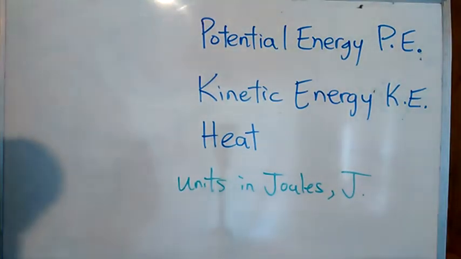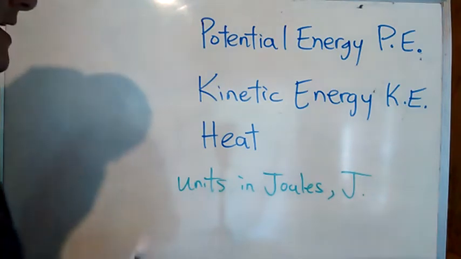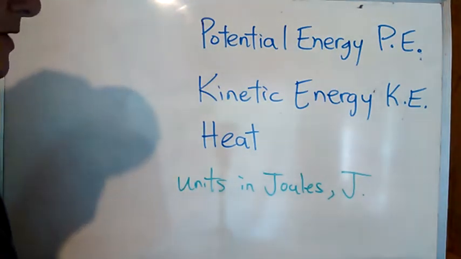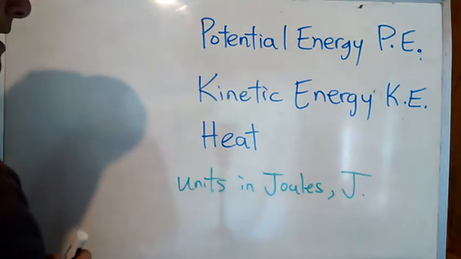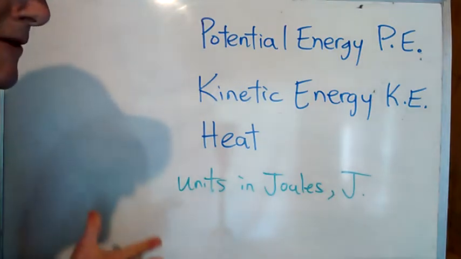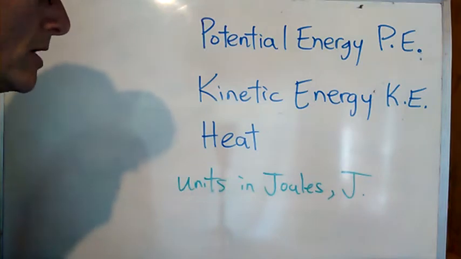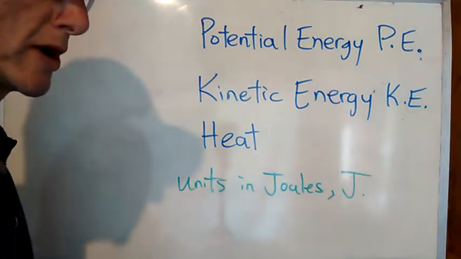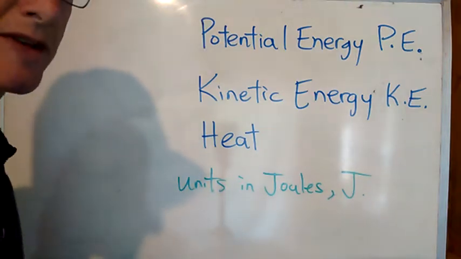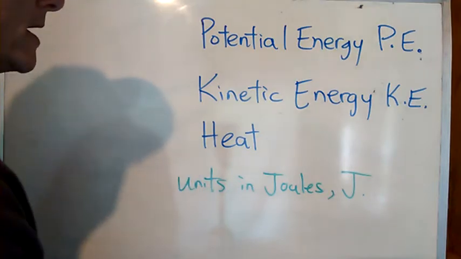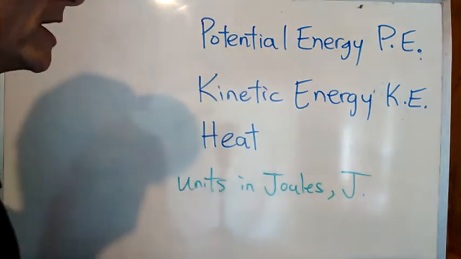Without too much theoretical background, just let you know that potential energy, PE, is a whole bunch of different types. There could be potential energy stored in a battery in the form of chemical, could be in your body, stored in your muscles as chemical energy. Those are types of potential energy.